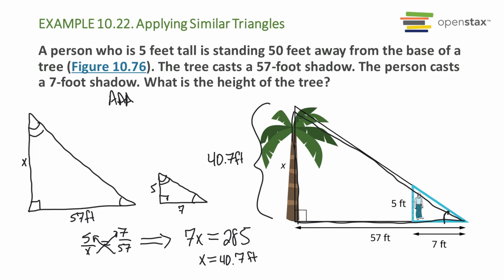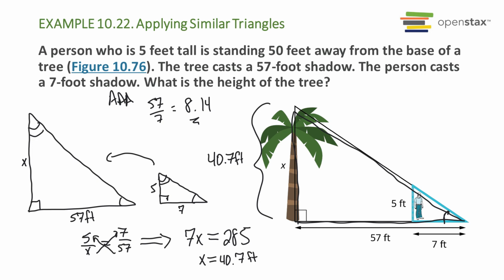Another way we could figure that out: if we wanted to go from this little triangle to the big triangle, what does it take to go from 7 to 57? 57 divided by 7 is 8.14. So the scale factor is 8.14.